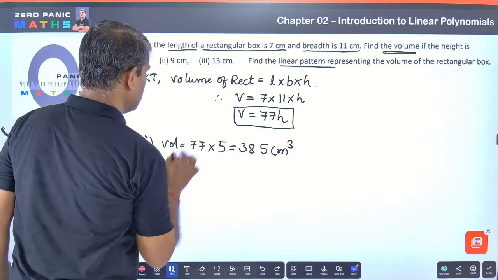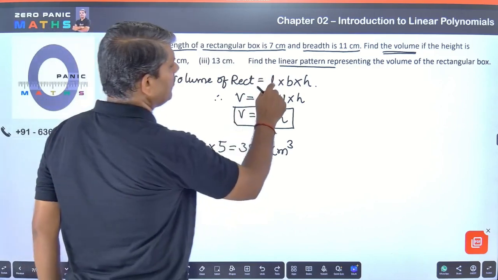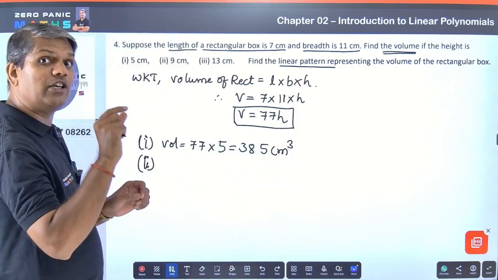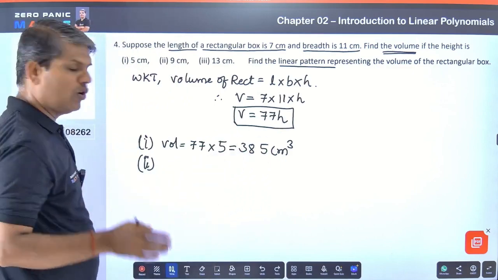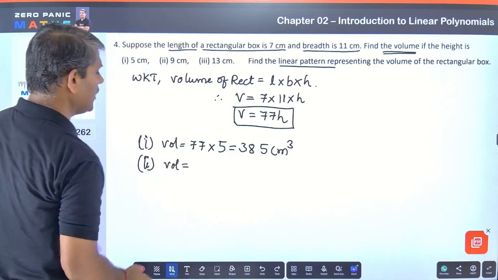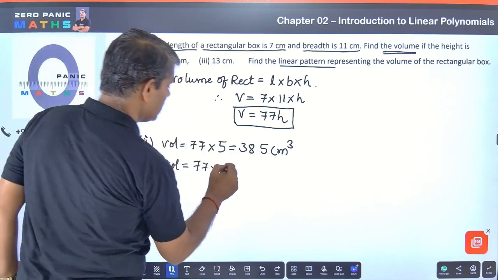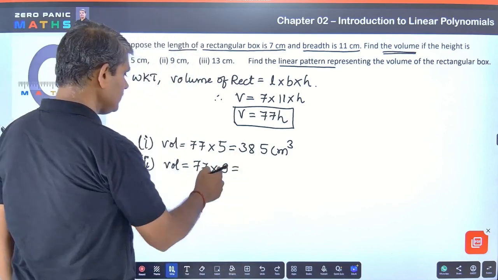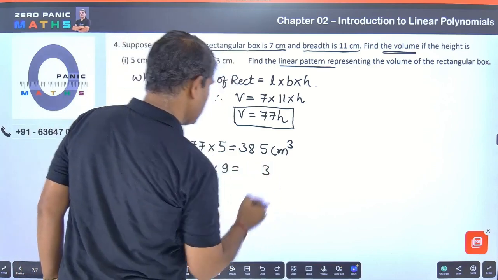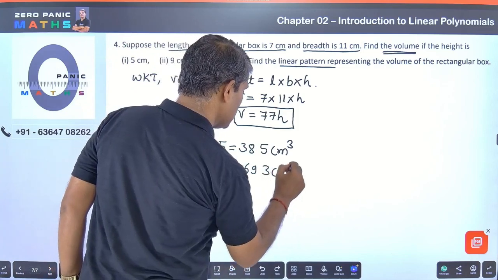Because it is volume, it is 1 centimeter for length, 1 centimeter for breadth, and 1 centimeter for height. Centimeter into centimeter into centimeter makes it centimeter cube. Now for the second case, it is 77 fixed and multiplied by 9. 9 sevens are 63, and 9 sevens are 63 and 6 is 693 centimeter cube.